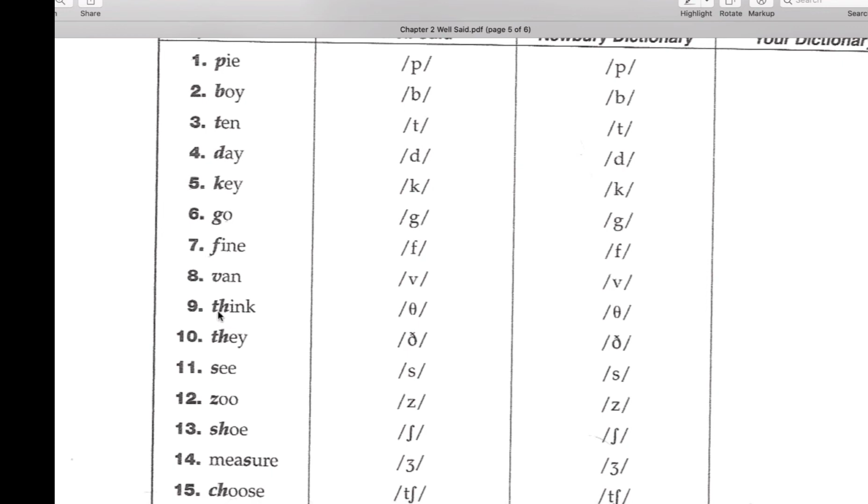So if we pronounce th, and you didn't hardly hear that because I'm not using any voice, that TH sound, like think, thanks, through, has no voice, so we're going to represent it with this symbol, and that's called the theta symbol.